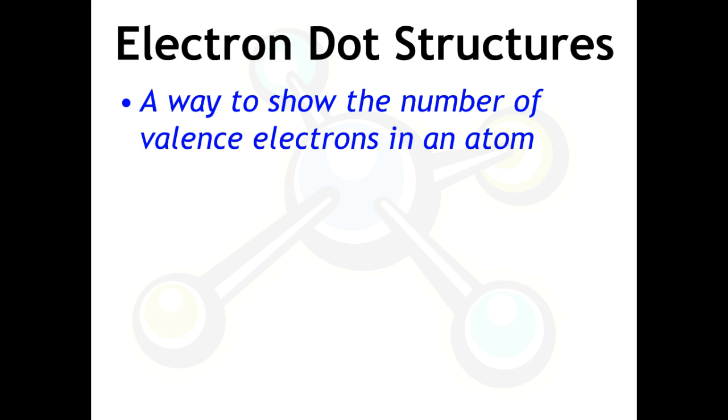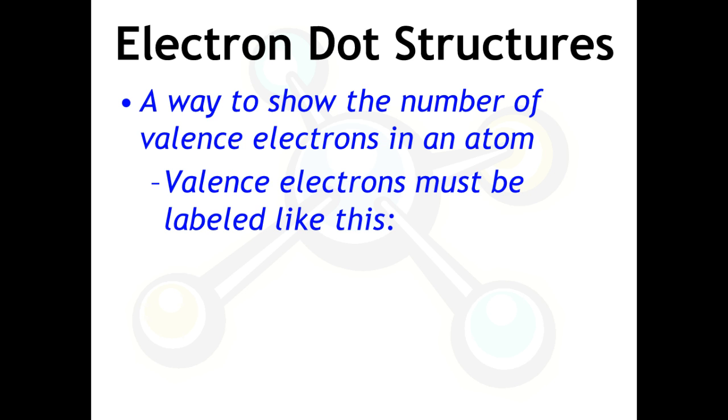Electron dot structures, or Lewis structures. We should be very familiar with these. It's a way to show the number of valence electrons in an atom. It really helps when we start to get further along in this unit, showing the actual bonds, drawing them on paper. But let's recap this. Valence electrons must be labeled like the following. You put the atomic symbol down, and then you're going to add an electron, but not in this order.